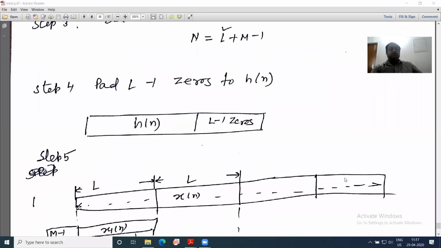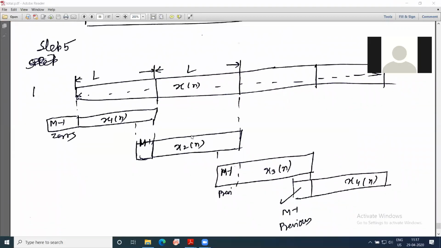Suppose xn is the total sequence, and I have taken out 4 blocks, x1 of n, x2 of n, x3 of n, x4 of n. In x2 of n, I have to pad the first M minus 1 data at the beginning.